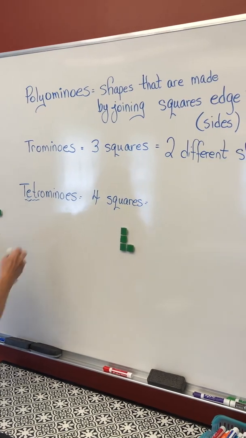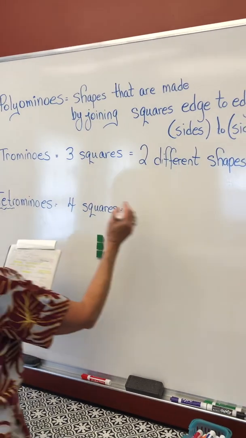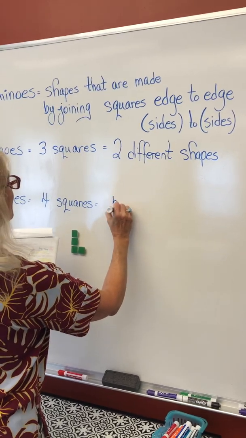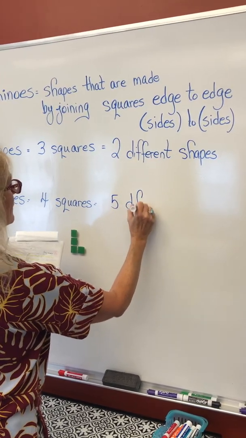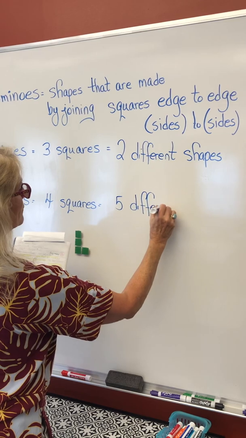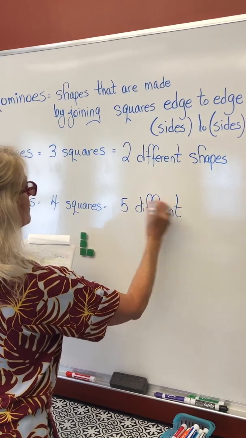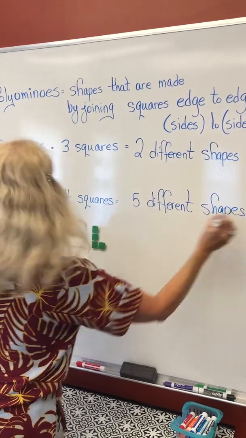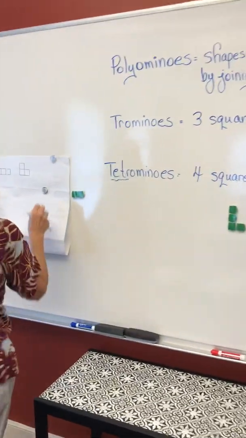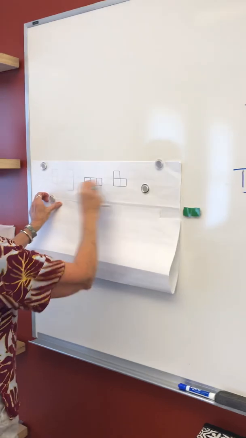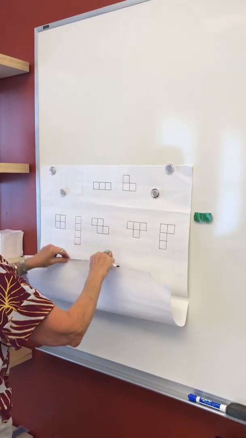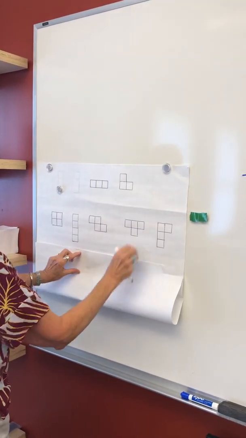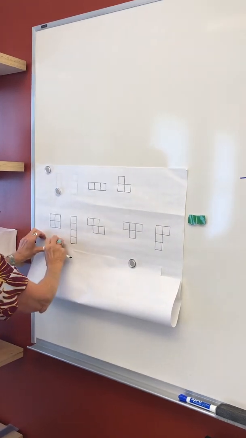So for the tetrominos, if you counted those up, we have 5 different shapes, okay? And for a review, I have those written or drawn over here. And there they are. It's the tetrominos.